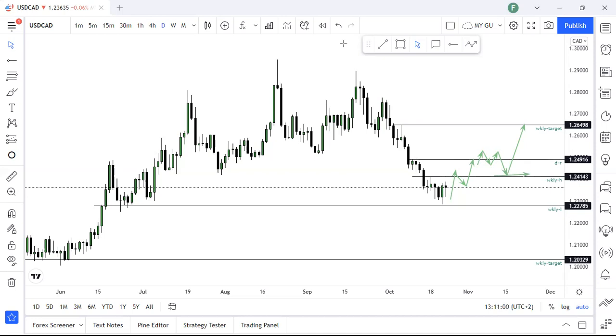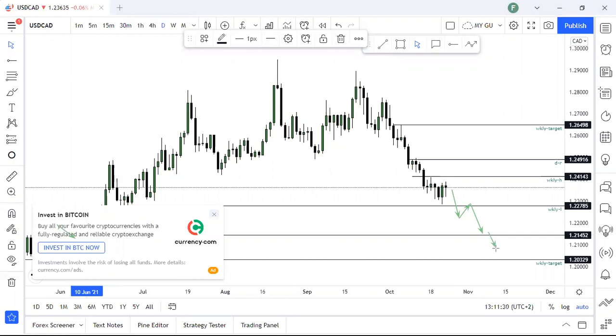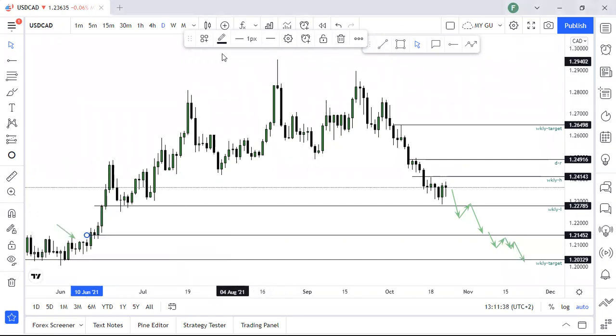For sales, we would be looking for price to give us some sort of a breakout, retest, and then for price to drop. Our first target would possibly be this area right here. Now this is our first support that we can look at for price to reject, and then from there, considering what we have to our left, you might see a small correction for price to drop low, because price will most likely copy the same structures that we have to our left.